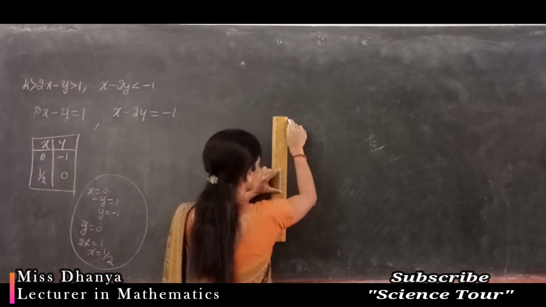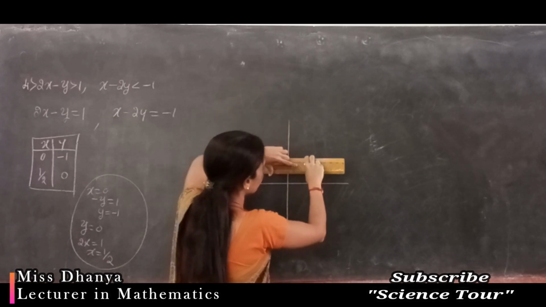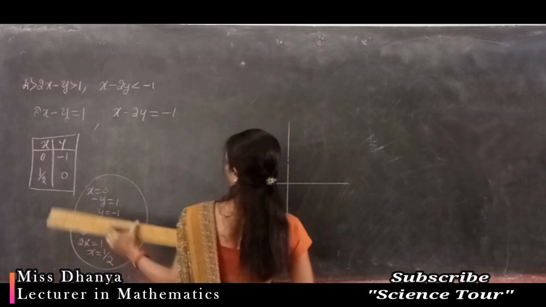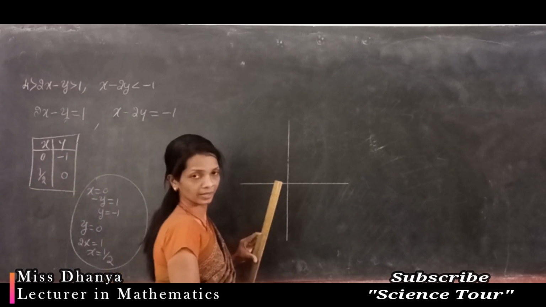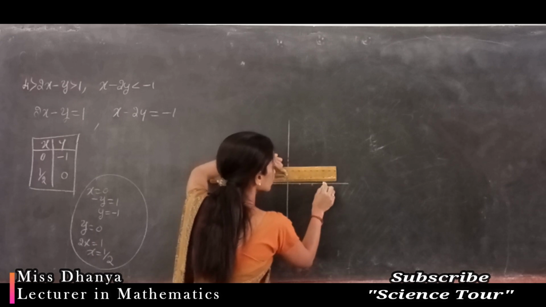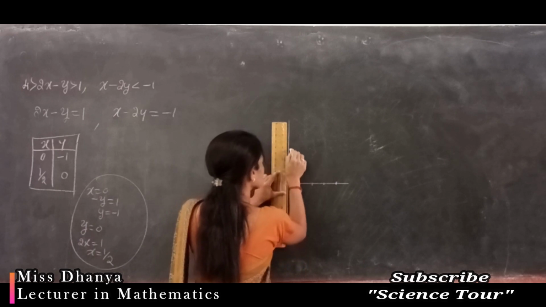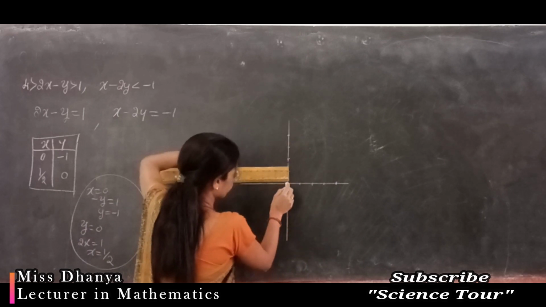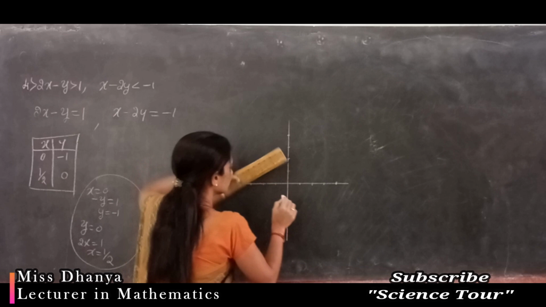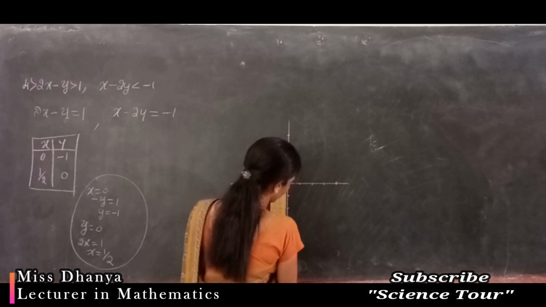Draw the x axis and y axis and mark points at equal distances. Okay. Now since you have minus 1 and half, I will take 1 centimeter as half unit. Half, 1, 1 and half, 2, like that. Now we need both sides of both axes, so I'll mark on the negative side of both axes also.